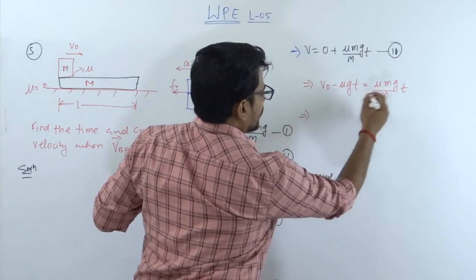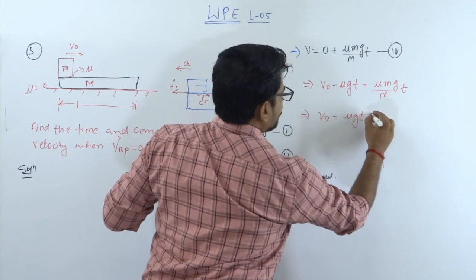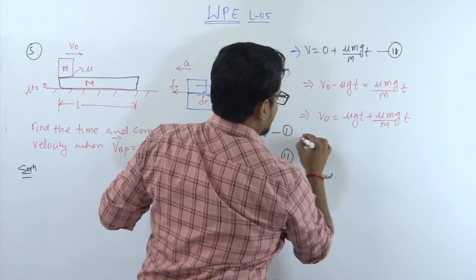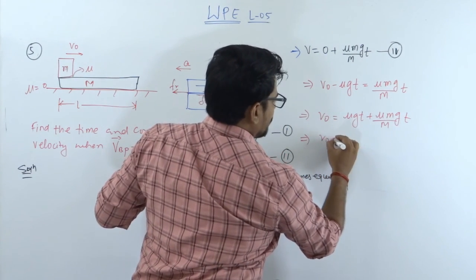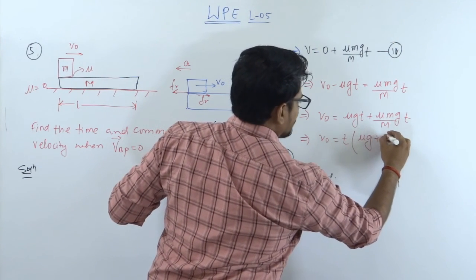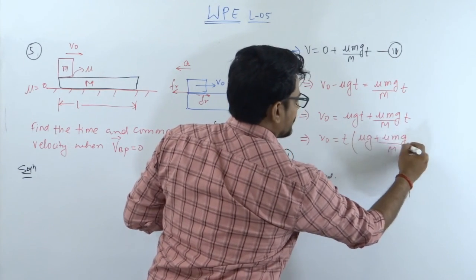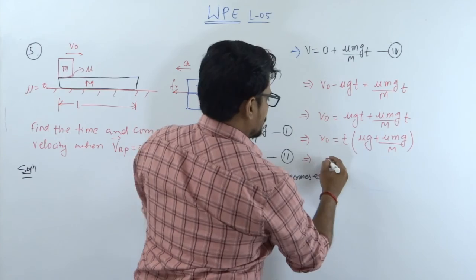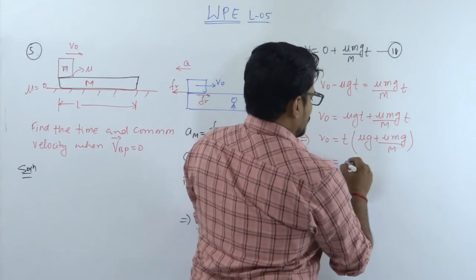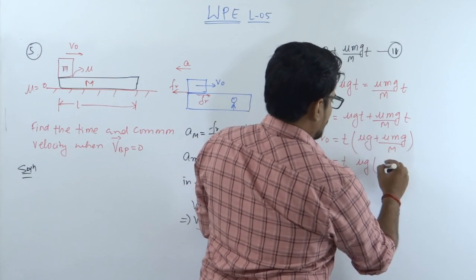It's not a big deal. आप इसको उस तरफ लेके चले जाओ. तो v naught is equals to mu gt plus mu mg upon capital M into t. We need to find the value of time. So v naught is equals to, let us take t common. So we'll have mu g plus mu m g upon capital M, and then you can easily simplify. तो you can also take the mu g common. तो t into mu g you will be having, इसको बाहर ले लोगे तो क्या हो जाएगा बच्चों?